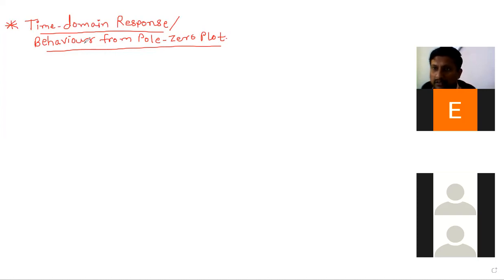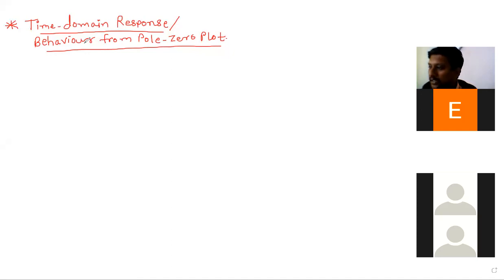That will be totally problematic, and we require to plot the pole zeros, find out the coefficients, and then use the inverse Laplace. So we can take examples based on that, but MCQs will rarely be asked based on those numerical problems.